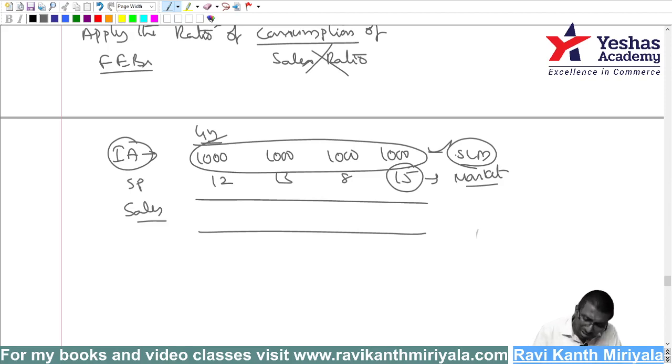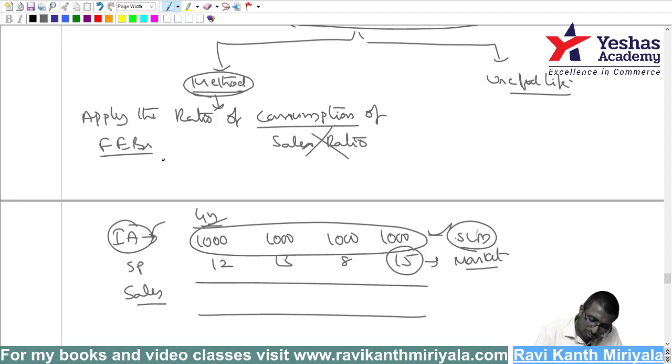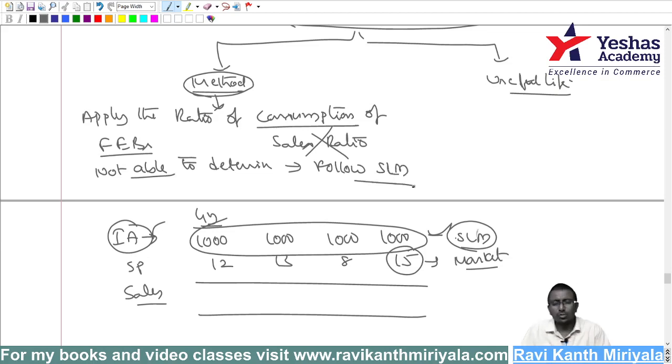Okay, sir, I am not able to decide the consumption ratio. Then if you cannot determine it, the standard says follow SLM, assuming I'm consuming equally every year. When I don't know the consumption ratio specifically, you should follow the SLM method. That is what is said by the standard.